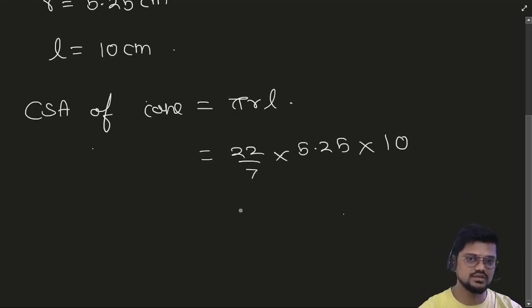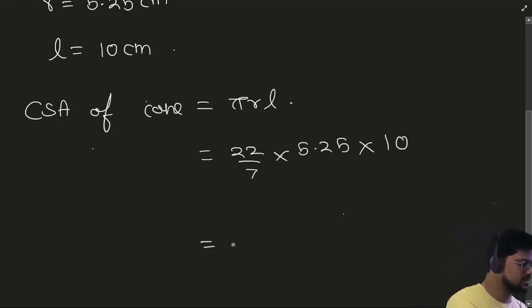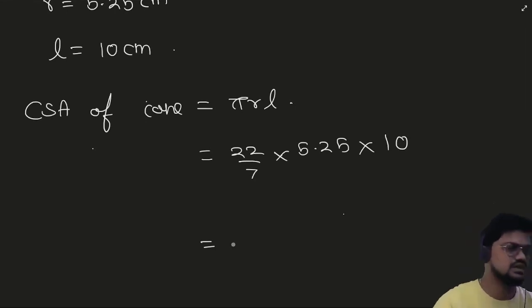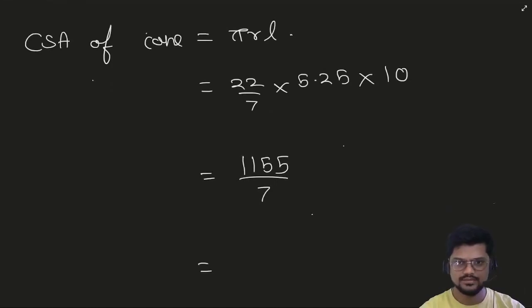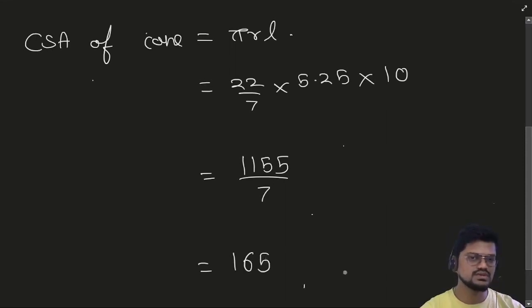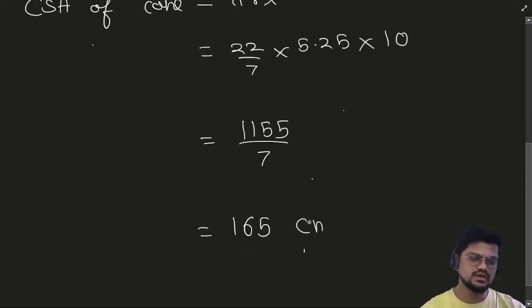We first multiply all of them and then divide by 7. 22 into 5.25 into 10 equals 1155. 1155 divided by 7 gives you 165.